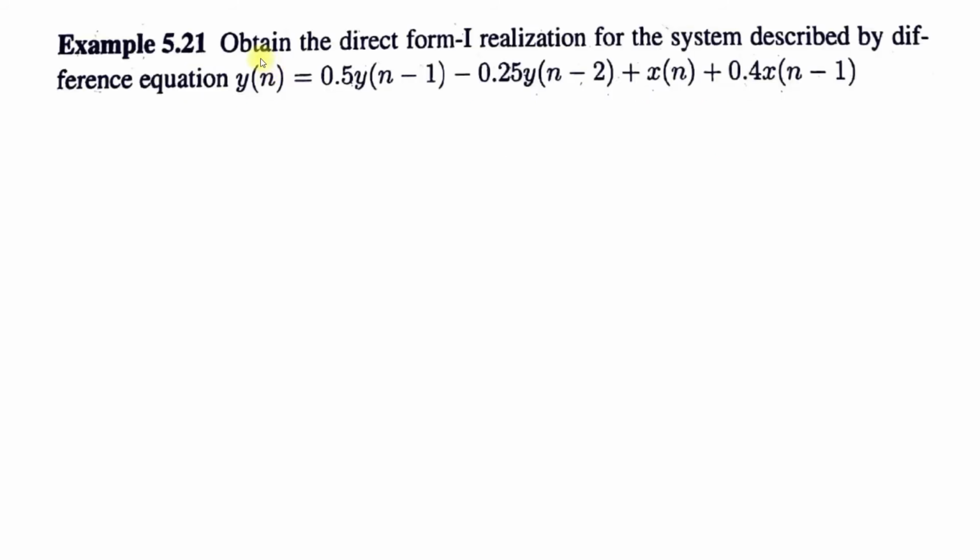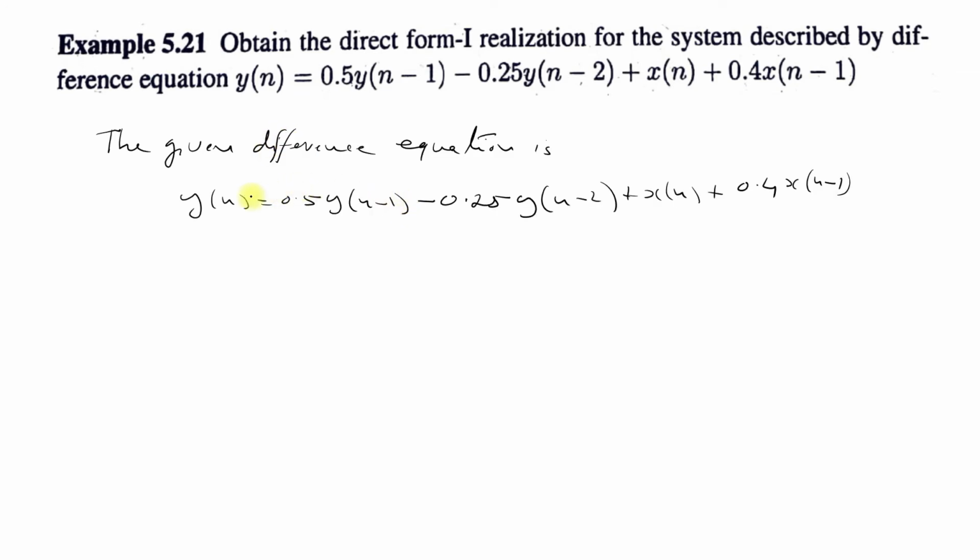A typical example: obtain the direct form 1 realization for the system described by the difference equation y of n equal to this one. As the first step, we have to write the given difference equation, y of n equal to this one, in its standard form.